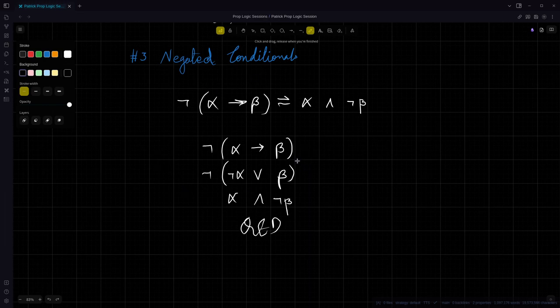This is really useful. It also gives an understanding of what it means for a conditional to be false. Let's say you give somebody an argument: p implies q, p, therefore q.